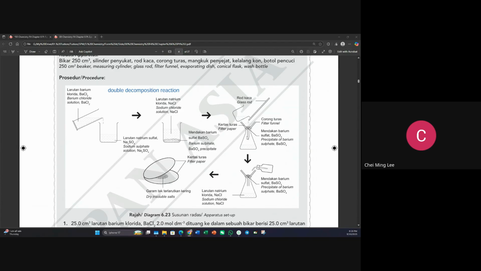Then we filter it out, rinse it with water, and then dry it with filter paper. This one took out the heating. We don't need the heating, because the heating is to get the crystal. This one automatically becomes crystal, so no need for the heating process. All right, then use your way to jot down this process.